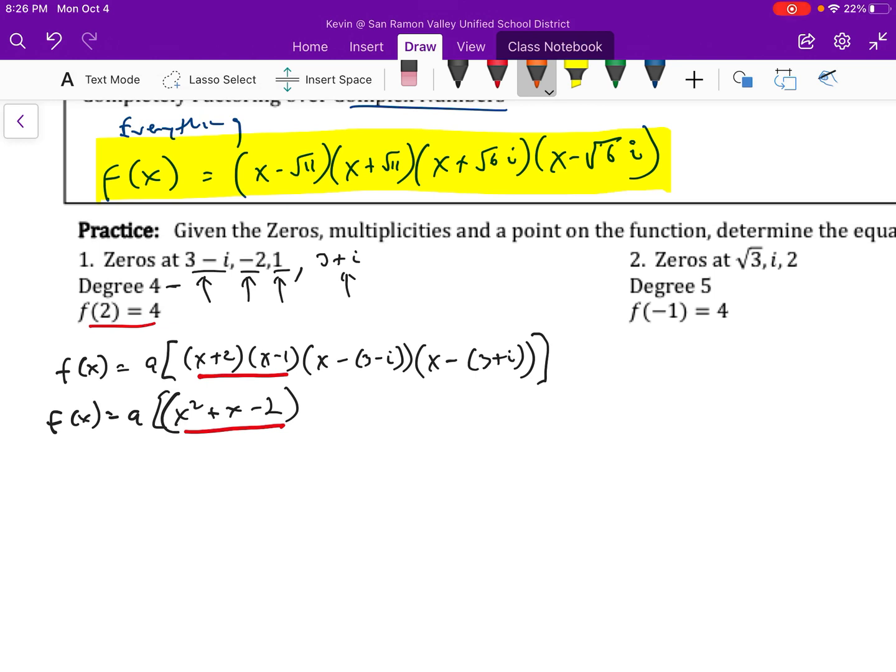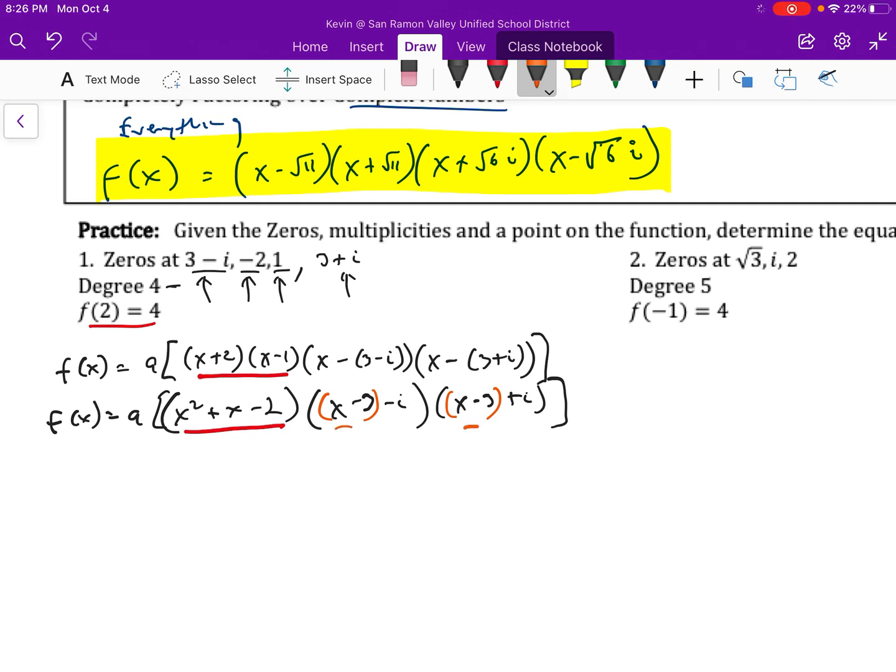Over here, remember from a previous video, I'm going to redo the grouping. So this is actually going to be x minus 3 minus i, but I'm going to group it like this. And x minus 3 plus i. And again, I'm regrouping this.